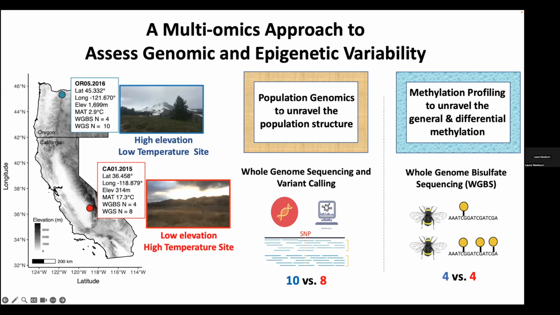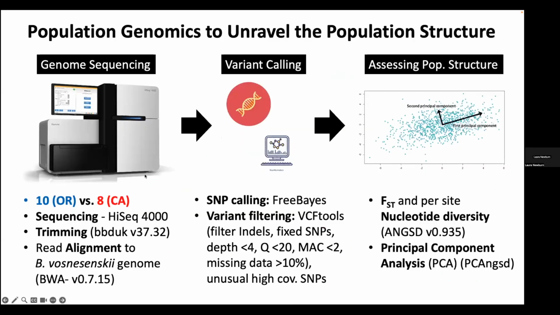One was a population genomics study to unravel the population structure, and the other used whole genome bisulfite sequencing to understand the methylation profile, and to look at the general and differential methylation patterns in relation to thermal tolerance in these two very different bioclimatic sites.